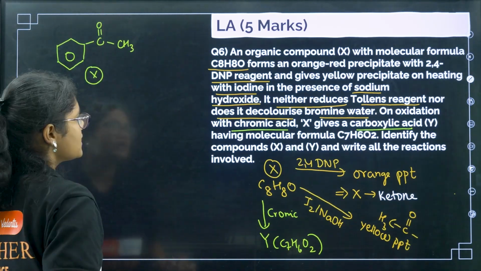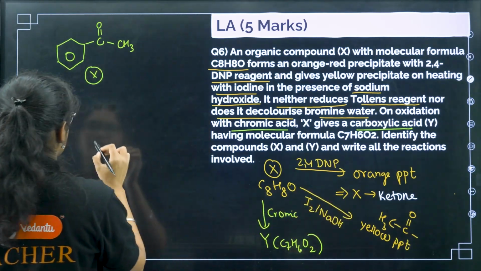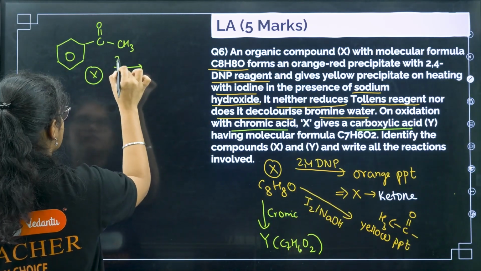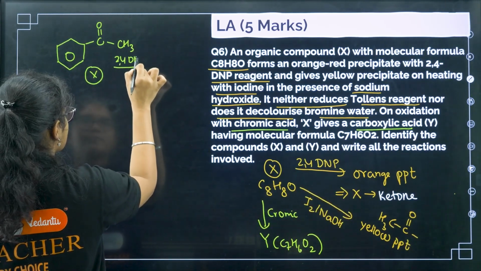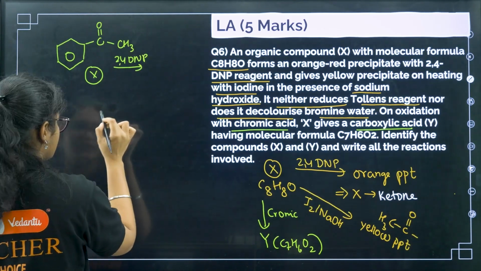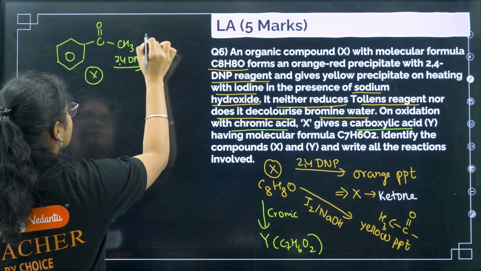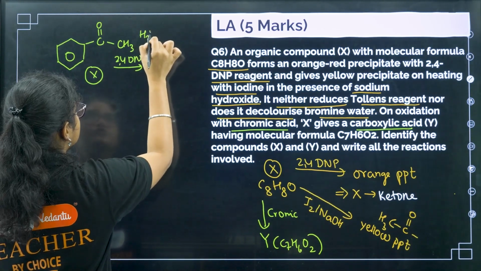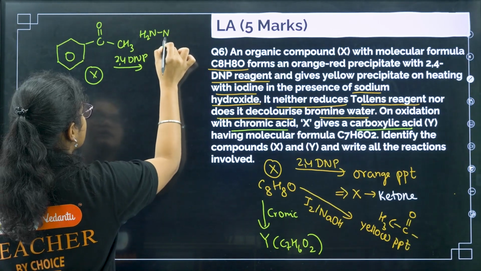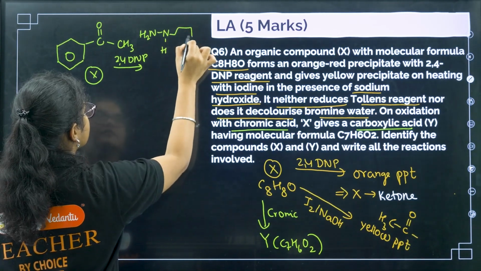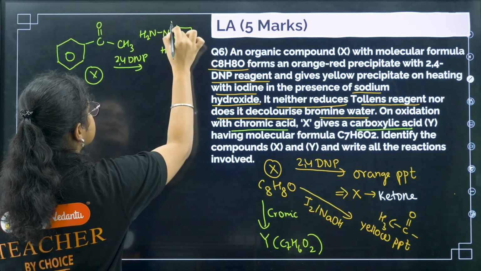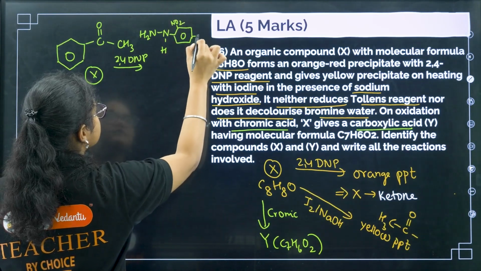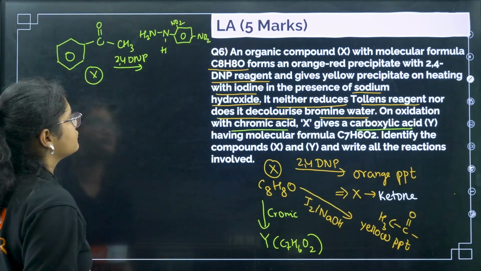This is your X. Now we have to write all the reactions, first with 2,4-DNP. What is the structure of 2,4-DNP? If you remember, we have NH2, then NH, and here a nitro group at the 2-position and a nitro group at the 4-position. That is 2,4-DNP.